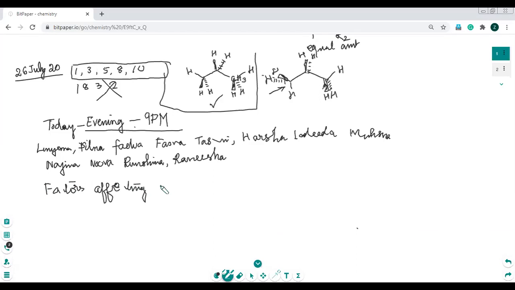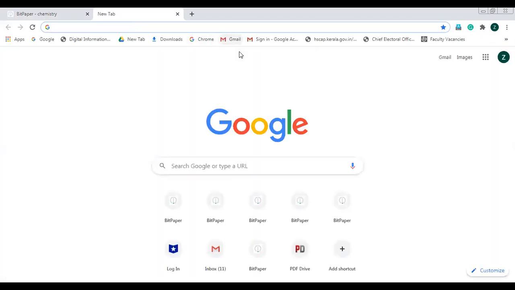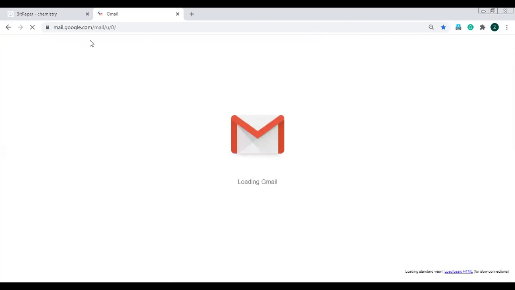Factors affecting the reactivity, very slow, of SN1 reaction. Let me see whether I can take it. Just wait for a few minutes, by the time this will be over.